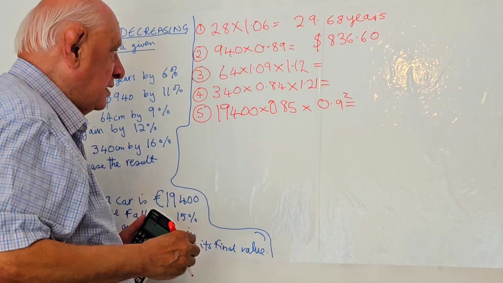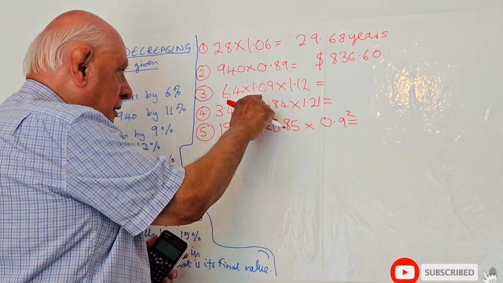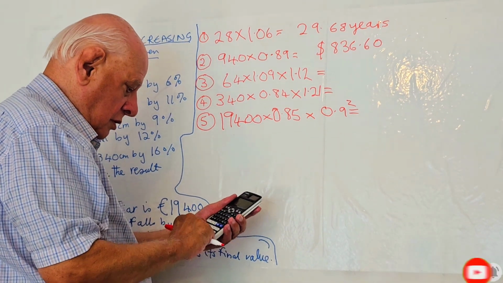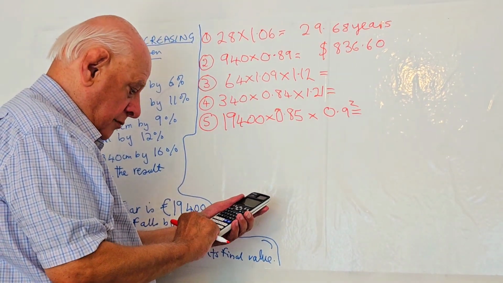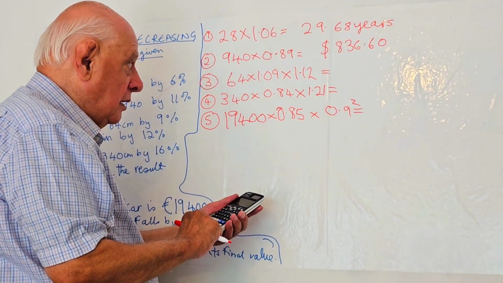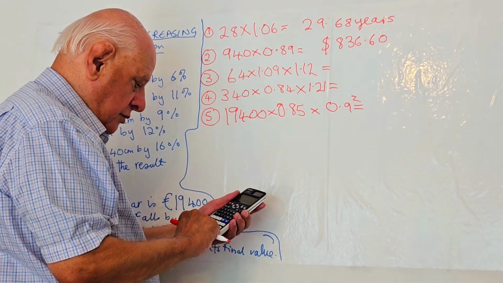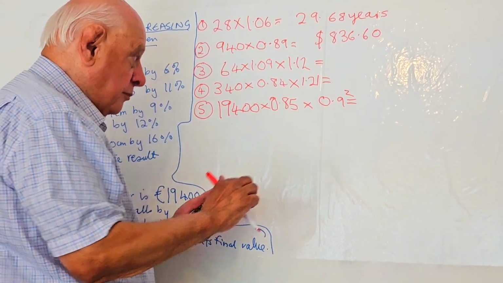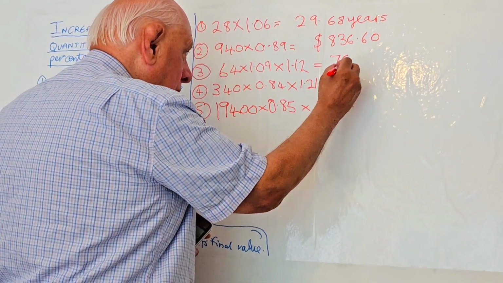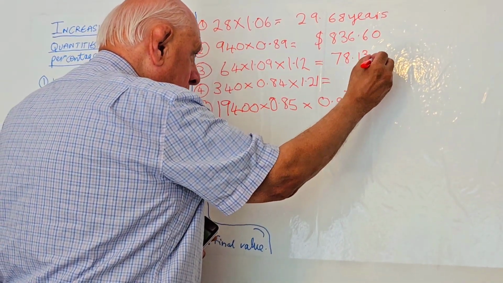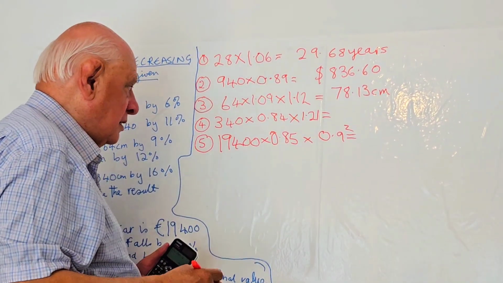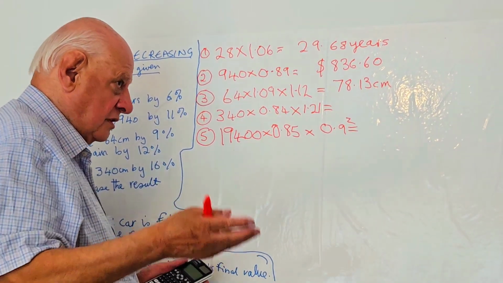The next one, which is in centimetres. We've got 2 percentages there, so that's 64 times 1.09 and times 1.12, and that comes to 78.13. The fourth one is again centimetres, but it wouldn't make any difference.